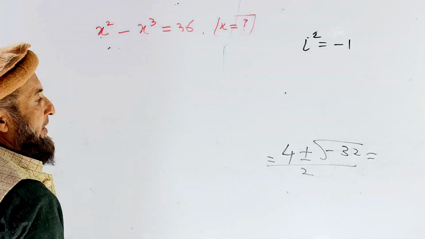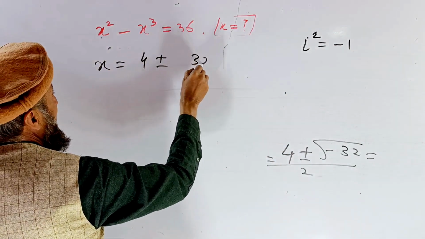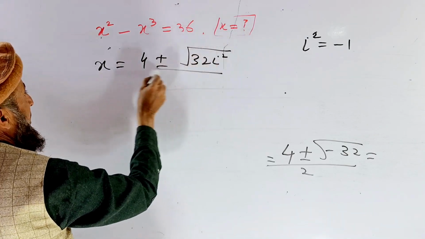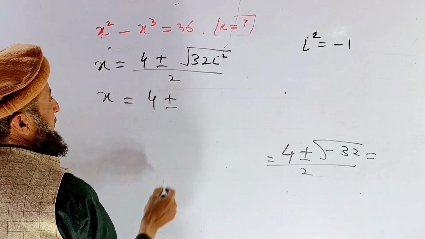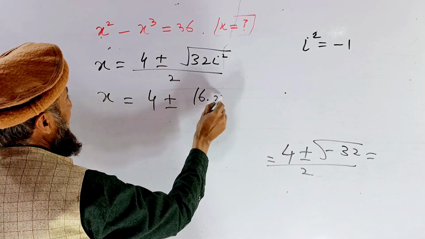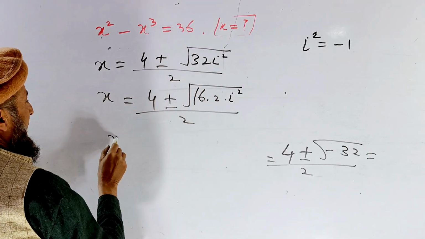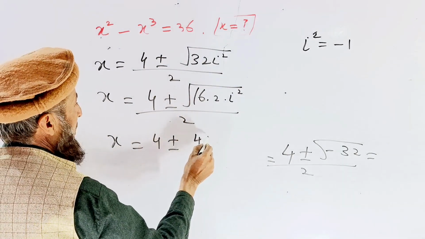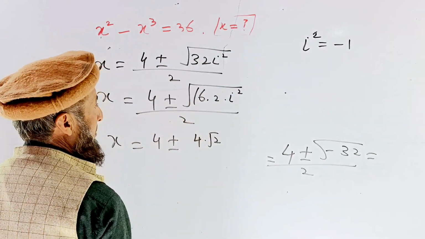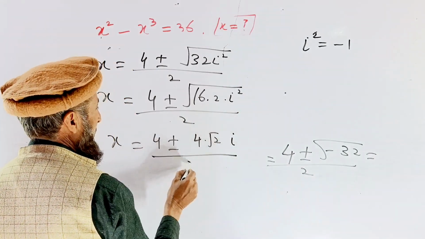In the place of minus we put here x is equal to 4 plus minus 32 iota square divided by 2, and x is equal to 4 plus minus 16 multiplied by 2 into iota square divided by 2, and x is equal to 4 plus minus the square root of 16, which is 4. The 2 under the root remains, and iota square cancels with the square root.